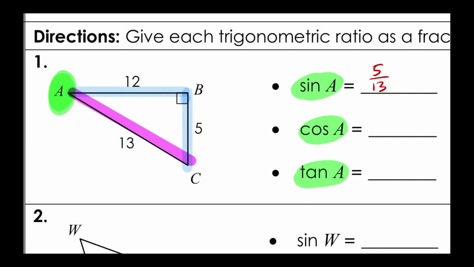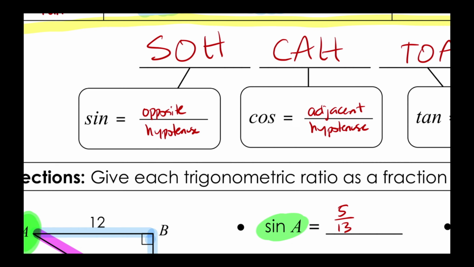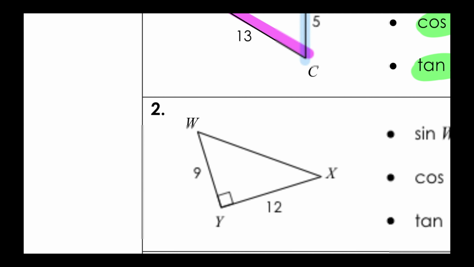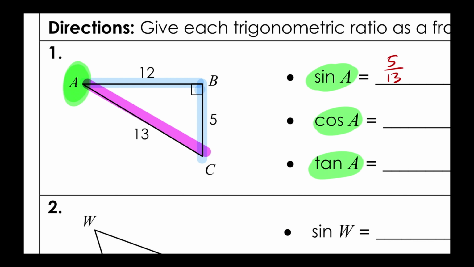Right? So we're learning right now to set up the equations, because we're going to use these equations to find the pieces that are missing. But we have to know how to set up these equations. Okay, what's the cosine of A? Well, cosine is, let's go back. Cosine is CAH, adjacent over hypotenuse. So if I'm at A, what's the leg that's adjacent to A? 12, right?